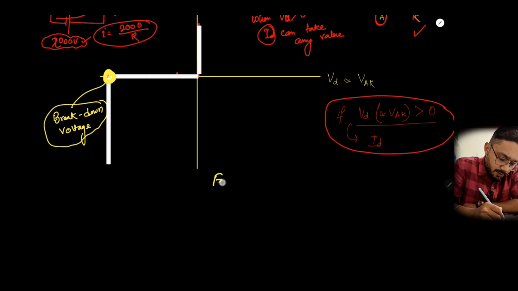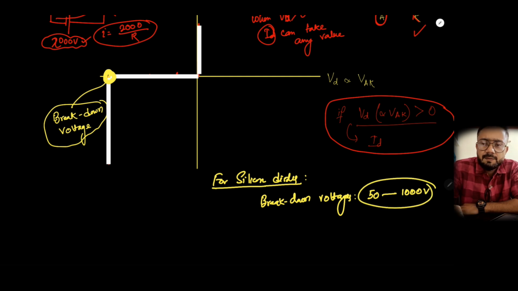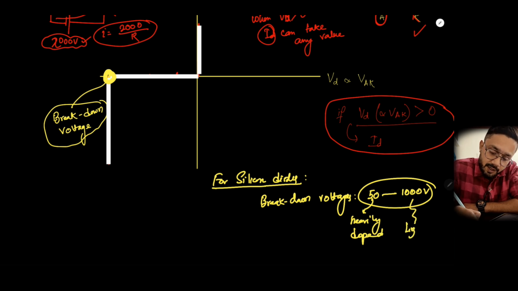So for silicon diodes, this breakdown voltage typically ranges from like 50 to 1000 volt depending on type. So the breakdown voltage may be 50 volt if it is a heavily doped diode, and it may be as high as 1000 volts if it is a lightly doped diode.